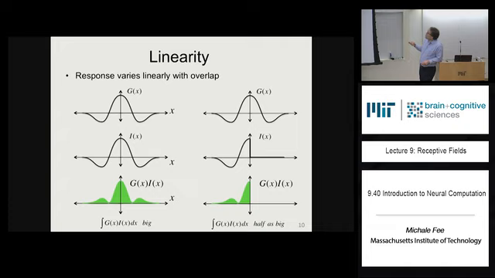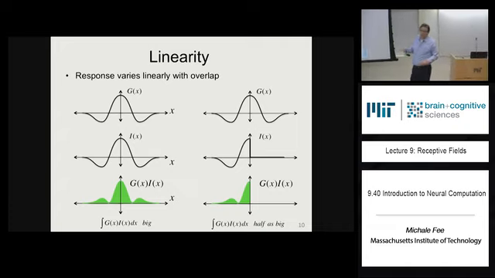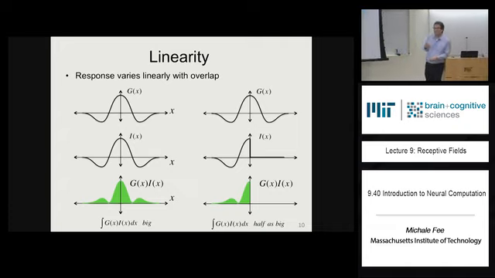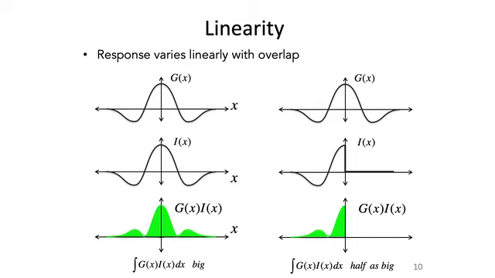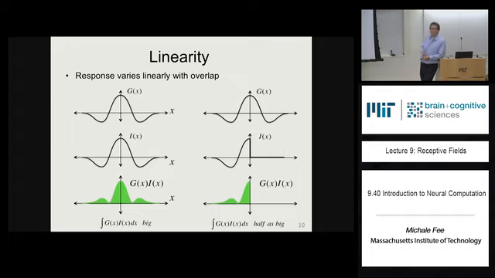Okay, we refer to this correlation process, this linear filter, as linear because you can see that if you put in half the light intensity, you get half the product, and when you integrate, you get half the neural response. If you take the stimulus and cut it in half so that you only apply light and dark to half the receptive field, then you'll also get half the response of the neuron, because this will contribute to the integral and this won't.